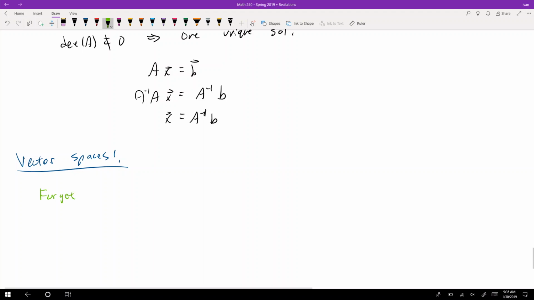So the first thing I want you to do is forget what a vector is. Whatever your notion of vectors was, that's not what it is.